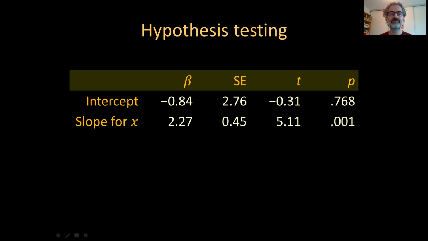Then if we divide each estimate by its own standard error, what we are actually doing is running a one sample t-test against 0. So this divided by this produces this t-value, and this divided by this produces another t-value.